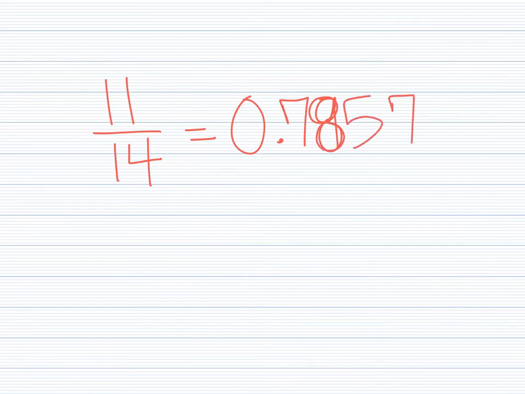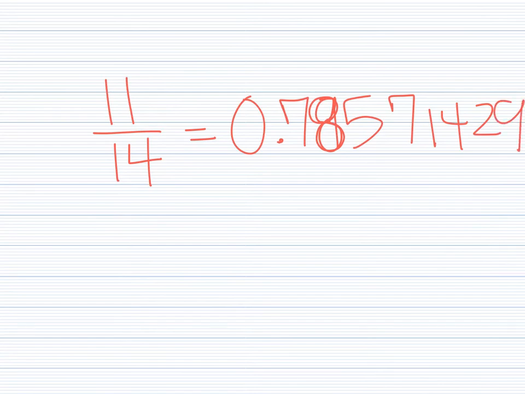Now let's say that you had an assignment with 14 total problems. You got 3 wrong, so on your paper you first wrote 11 out of 14. When you calculate this to a percentage, we'll divide 11 by 14, and this time we get a decimal that looks like this.